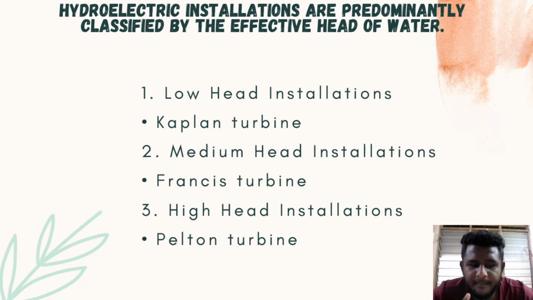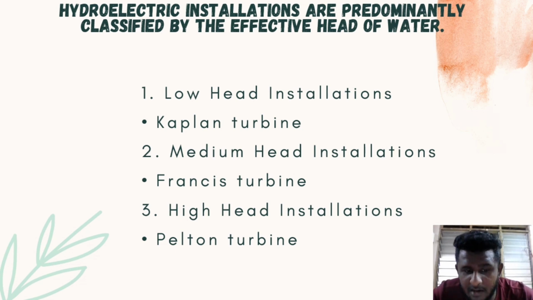Lastly, high head installations typically have a head of water of more than 300 meters. The turbine used in high head installation is generally of the Pelton or Francis type.